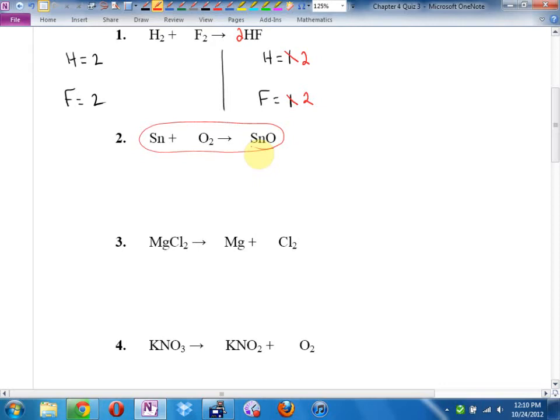Multiple choice question. Okay. Sn is tin, yes? How many Sns do I have on the left-hand side? 1. How many O's do I have on the left-hand side? And why did I put 2 O's there?